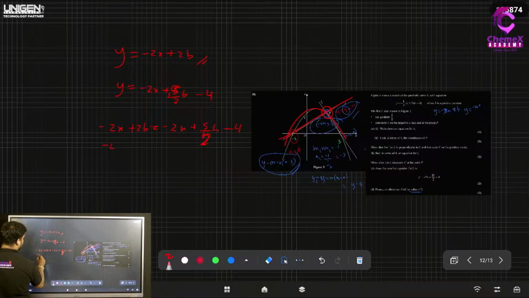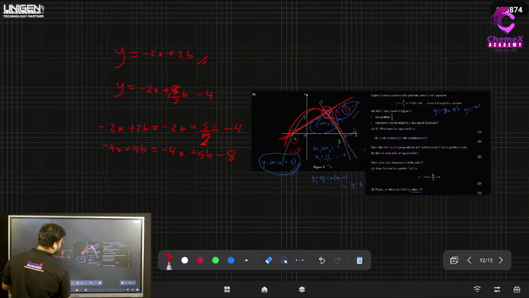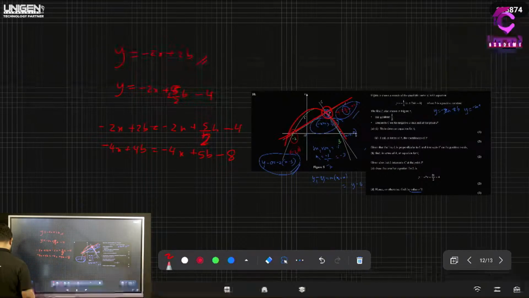So minus 8x plus 8b equals minus 8x plus 10b minus 16, and 4 times 2 is 8. Then what can I do? The x value is known, no? What is the x value? The x value is known as minus 2 plus b.